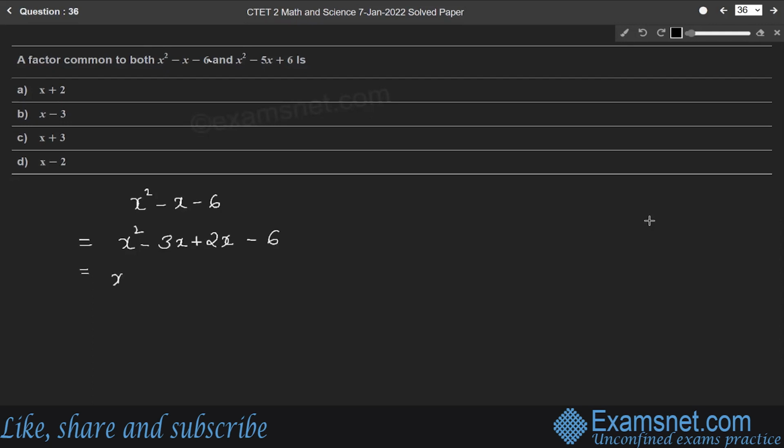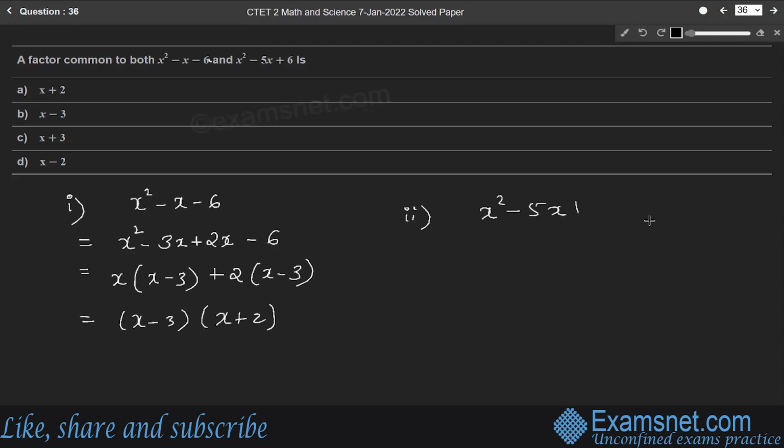So here x is the common term, x into x minus 3, plus 2 is the common term, that is x minus 3. Therefore, x minus 3 into x plus 2 are the factors of the expression x square minus x minus 6. And the second expression, x square minus 5x plus 6. So we can split the middle term here, minus 5 is minus 3 minus 2. So minus 3x minus 2x.